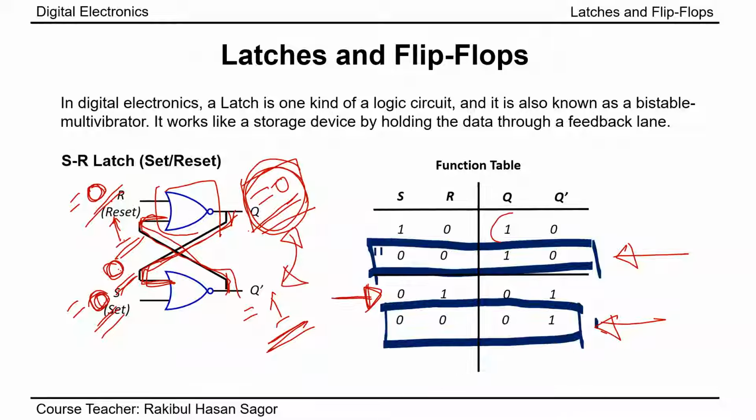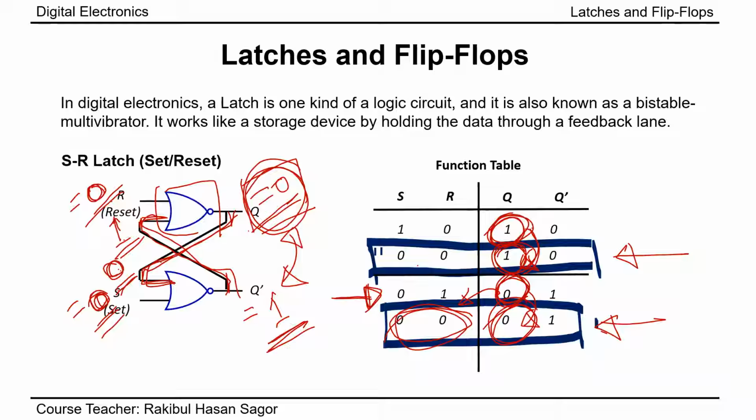Whenever we have previous state q equal to 1, after having this previous state, if we provide 0 0 input, it holds the previous data. If q equal to 1, after giving 0 0 input, the value of q remains 1. If we have previous value q equal to 0, and after that we provide s equal to 0 and r equal to 0, we get the same result on the output side, that means 0 remains 0.